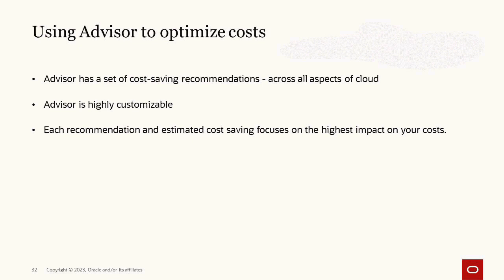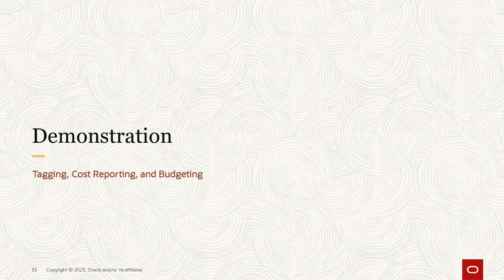And after you get those useful recommendations, you'll be able to act on them to make your tenancy more secure, save cost, and that's kind of the end goal. So with that, I will pass it back to Winnie for a demonstration in the console.